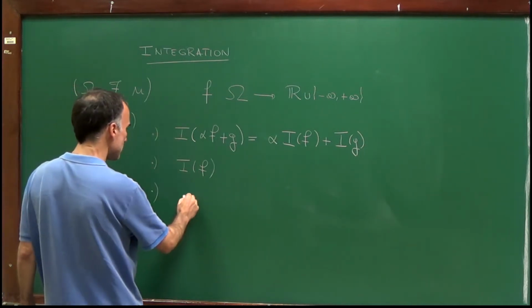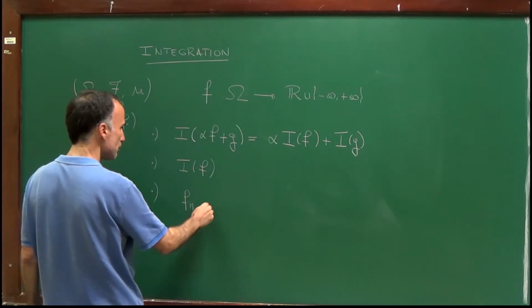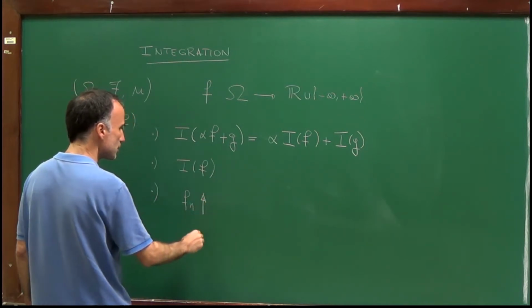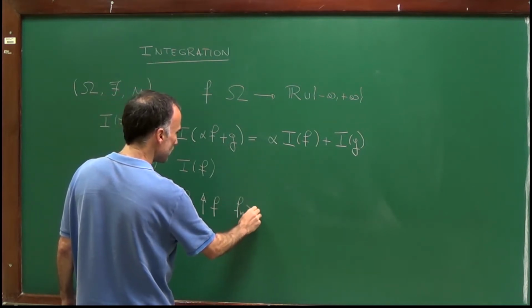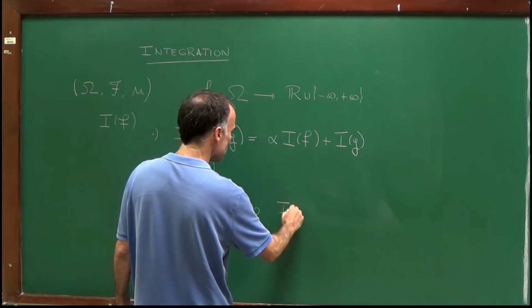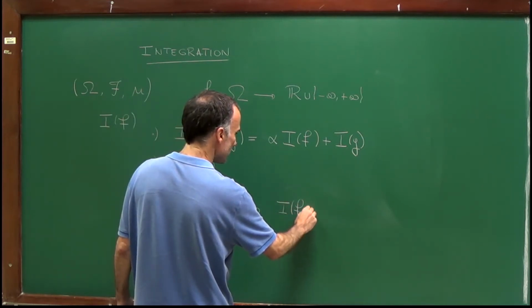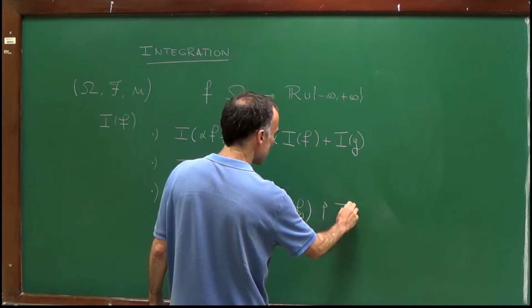So typically, say that if we have a sequence of functions fn which increase to some function f, and the fn are all non-negative, then it will be reasonable to expect that the integral of fn will converge to the integral of f.